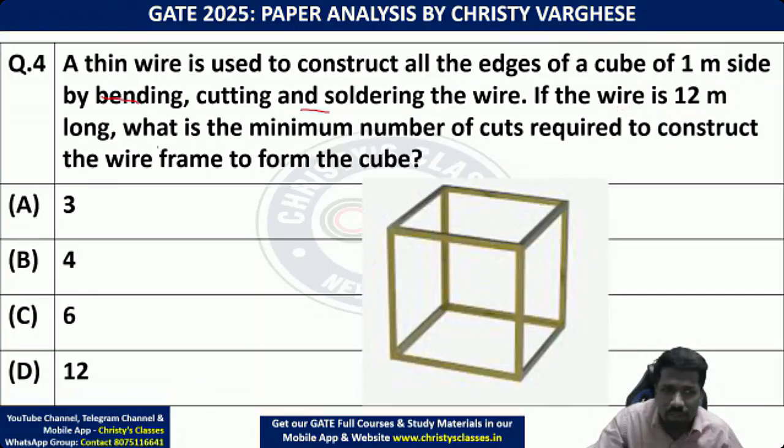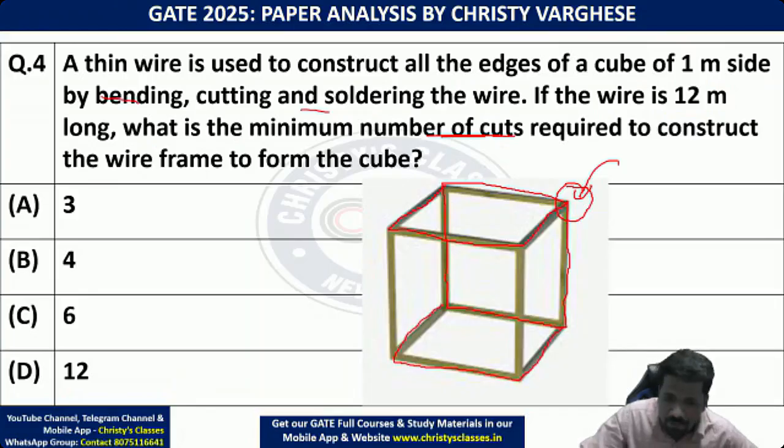If the wire is 12 meter long, what is the minimum number of cuts? Minimum number of cuts करना या ये picture draw करने के लिए कितना बार pen को lift करना है without retracing, दोनों का answer same होगा. ये देखिए, मैं अभी तक pen को lift नहीं किया, यहां तक complete किया. Now from here, this is the first time I will lift the pen and I have to continue this picture, and from here I have to again lift the pen to reach here.